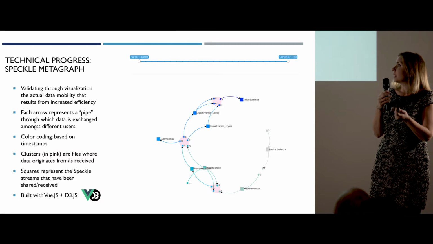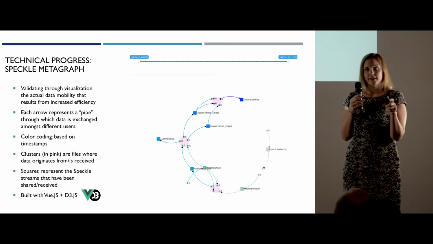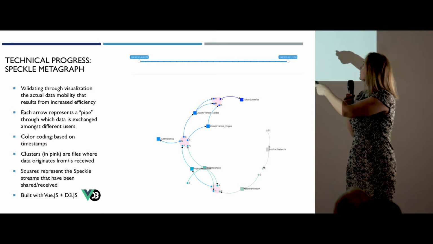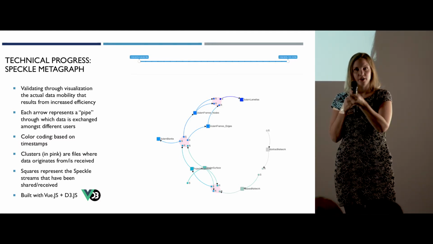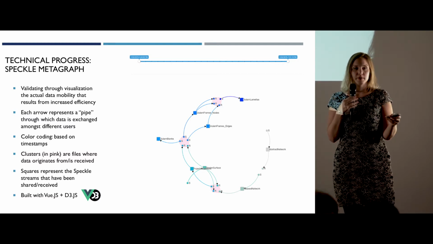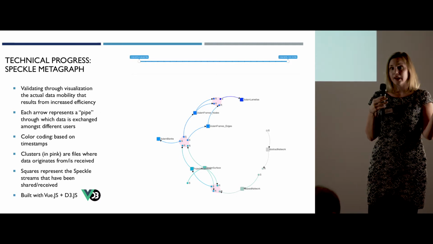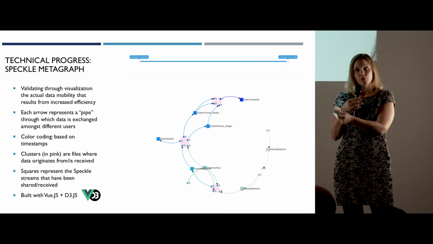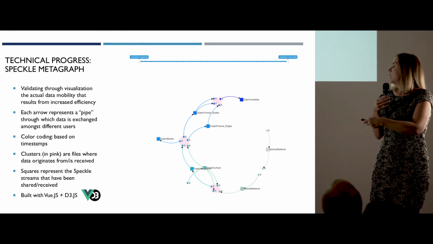So with this Speckle metagraph, essentially what we're trying to do is to visualize the different streams, so the data flows. As you will see here, rectangles, they're the nodes, the streams, they're the nodes. Think of them as activities, as tasks, as new information about a project generated, and the arrows are the pipes, or the connecting lines which are connecting the different streams to one another and to the project. So every project has a lot of streams connected.